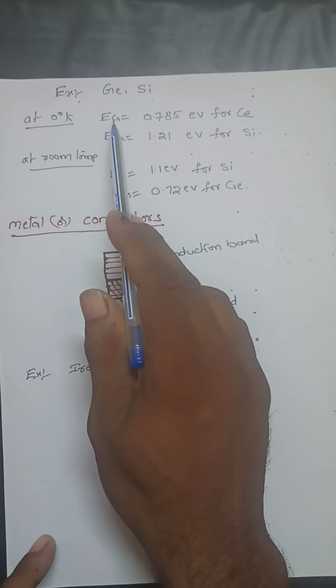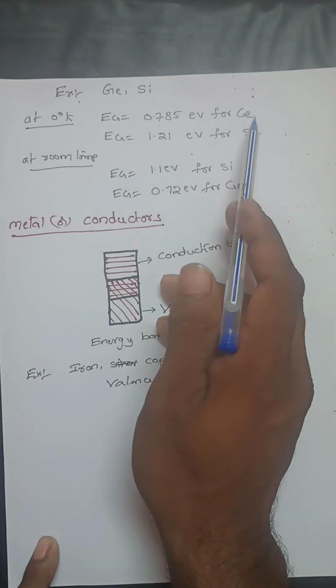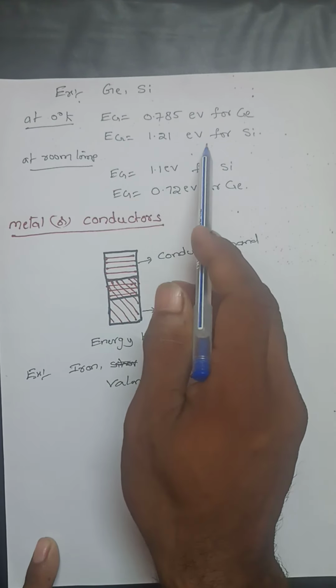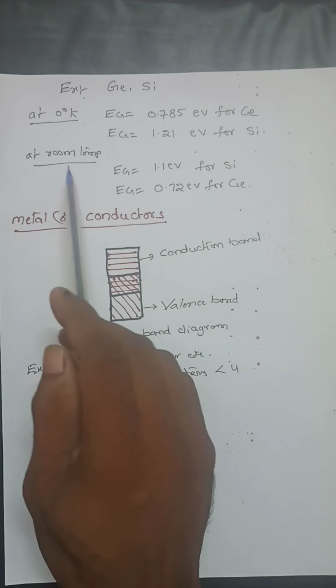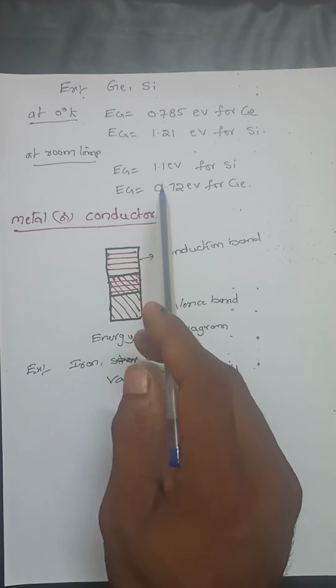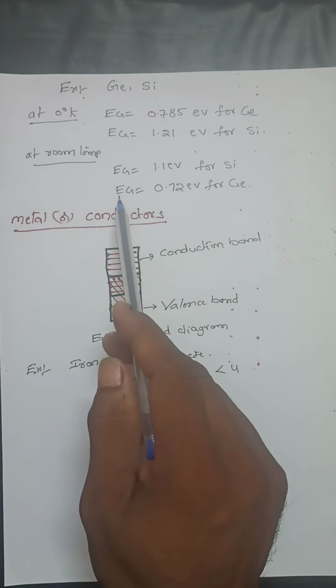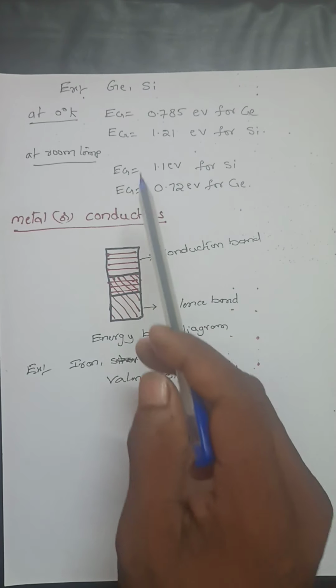At room temperature, Eg is equal to 1.1 electron volts for silicon and Eg is equal to 0.72 electron volts for germanium. Look at this.